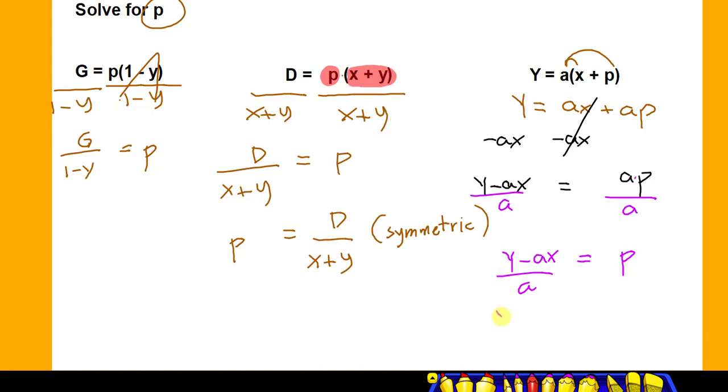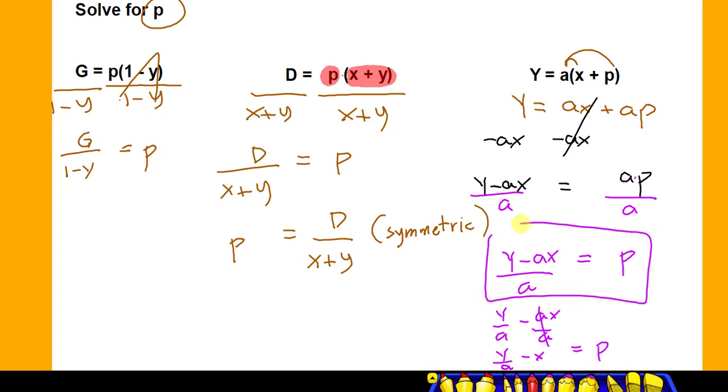But if you don't see this one, then try to separate. And then we can cancel the a here. So you'll end up getting y over a minus x equals p. If you don't see this as one of the options, then try to continue and check if you'll be able to find this as part of your options. Okay, so there we go.